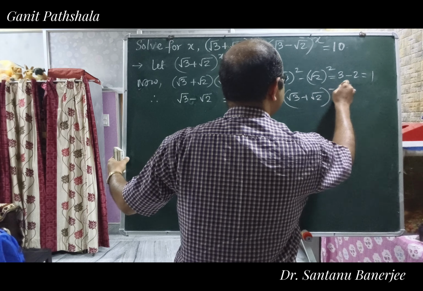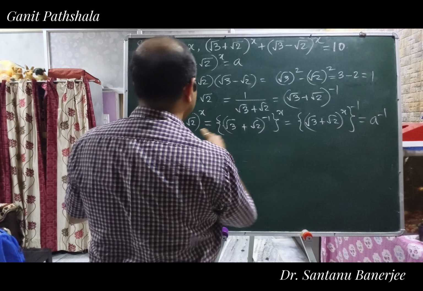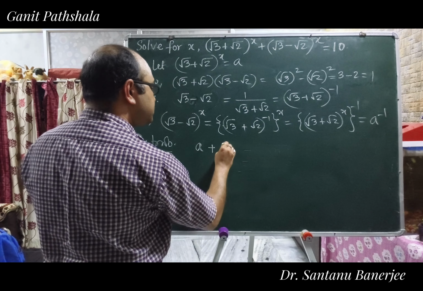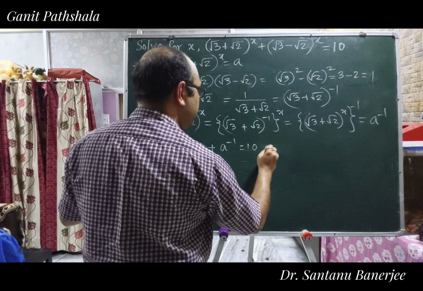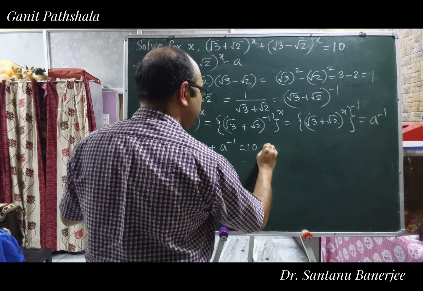Now coming to the problem, what is given? (√3 + √2)^x + (√3 − √2)^x = 10. So this one we had already considered to be a, plus this one we got a inverse, equal to 10, which implies a plus a inverse, that means 1 by a, equal to 10.